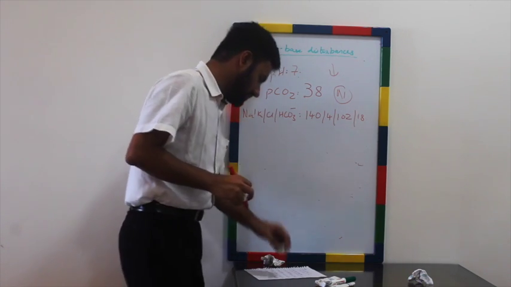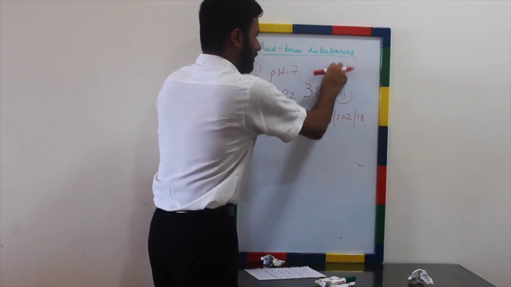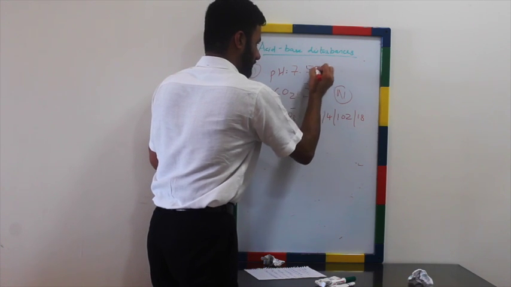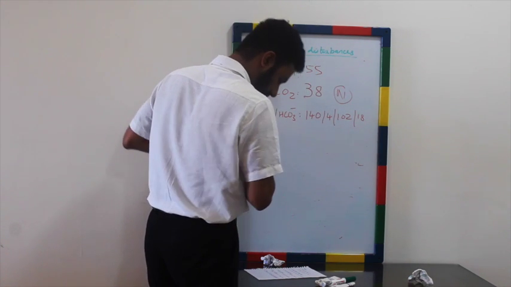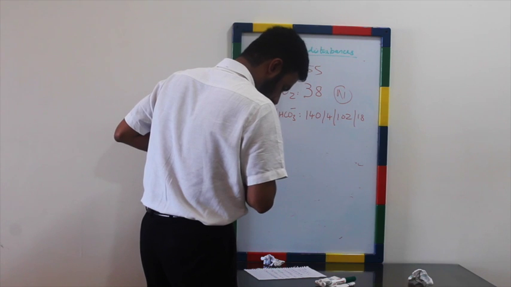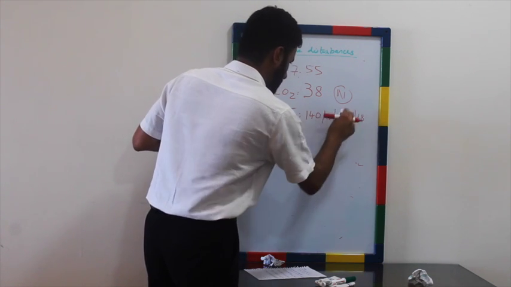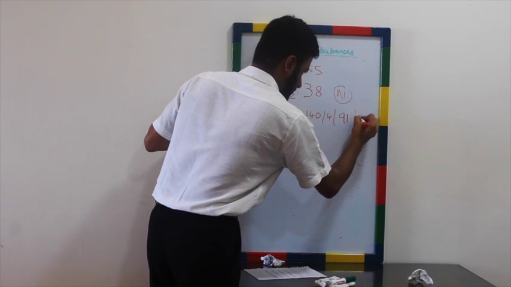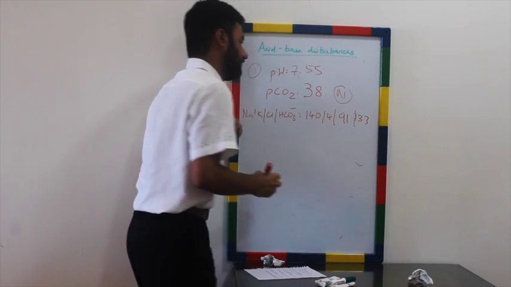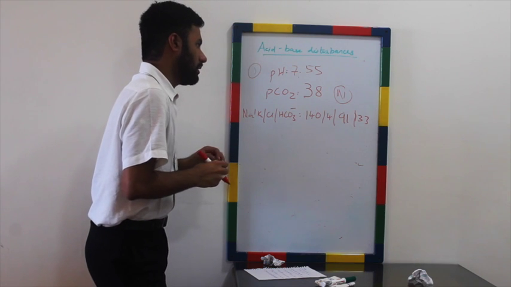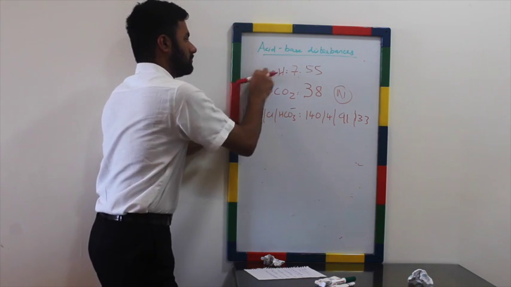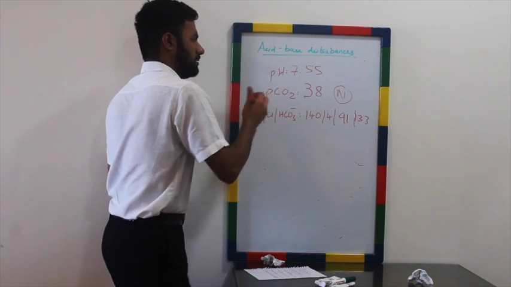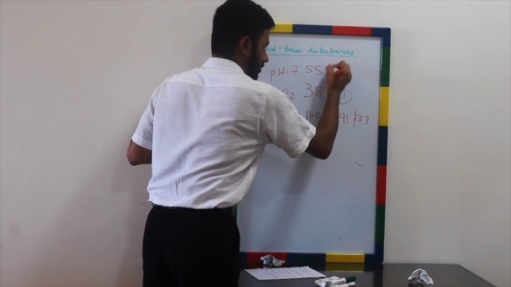Now the third one is simple. Let's say the pH is 7.55. PCO2 is also again 38. Now again pH is high, PCO2 is normal.